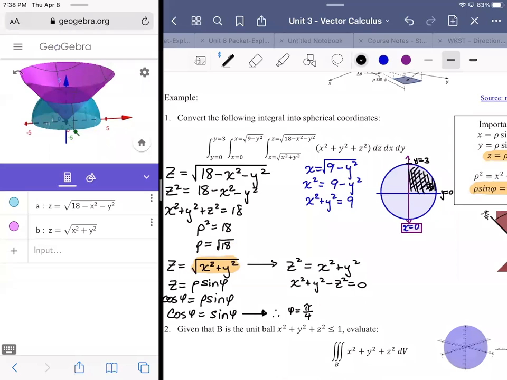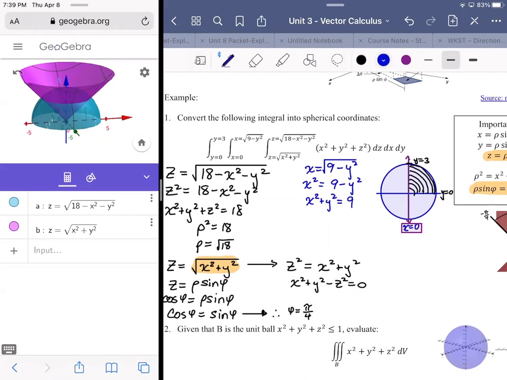Right. So if we want to be thinking about what that would be in cylindrical or polar coordinates, we'd be saying, okay, well, our r value is going to span out from 0 to 3. That's great. But what would our theta do?